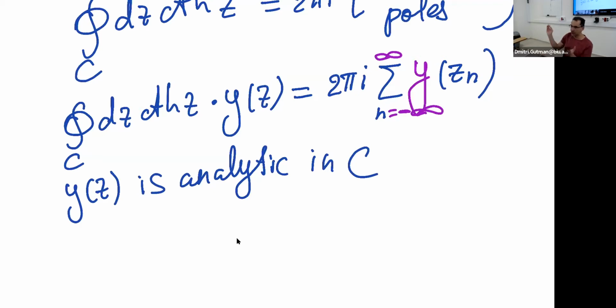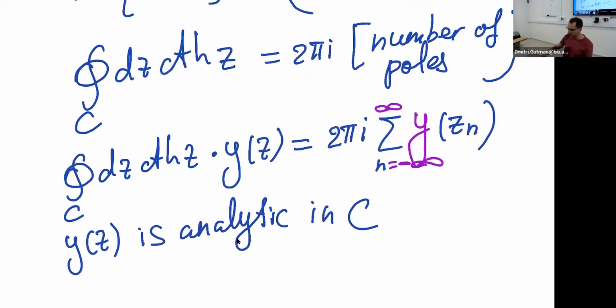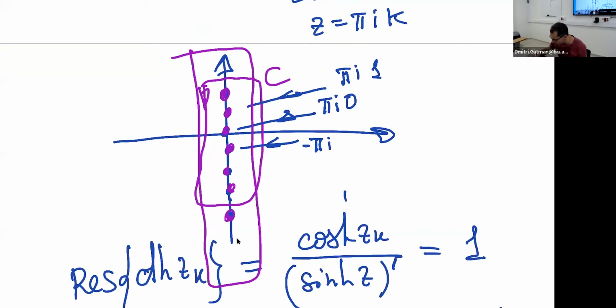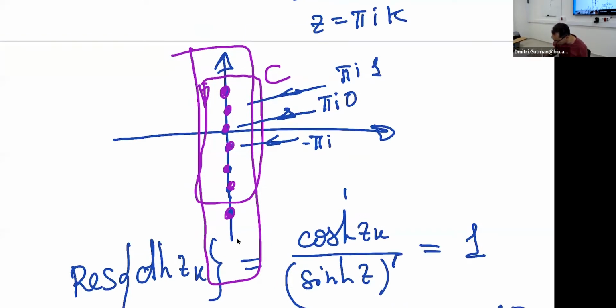Now the contour C is at your disposal. You can take a contour C which encompasses the entire imaginary axis. It will be true. Or you can take a smaller contour C, say the one that only encompasses the point at the origin.